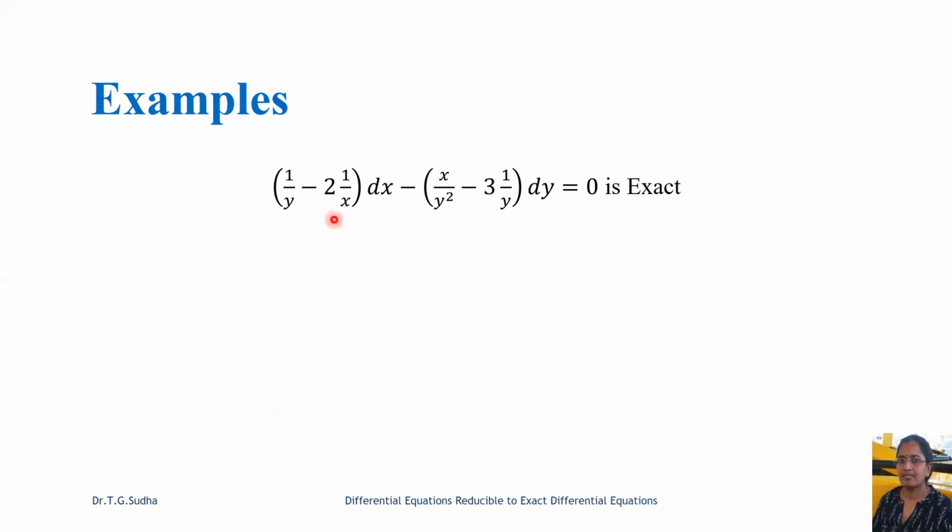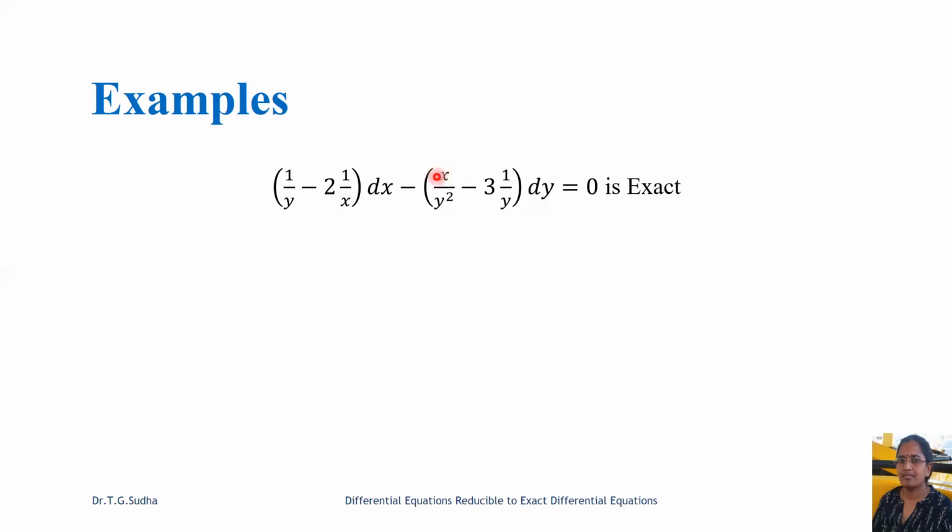So this is in the form of M dx minus N dy, and we know that the solution of an exact equation is given by the integral of M dx keeping y constant plus the terms of N not containing x into dy.